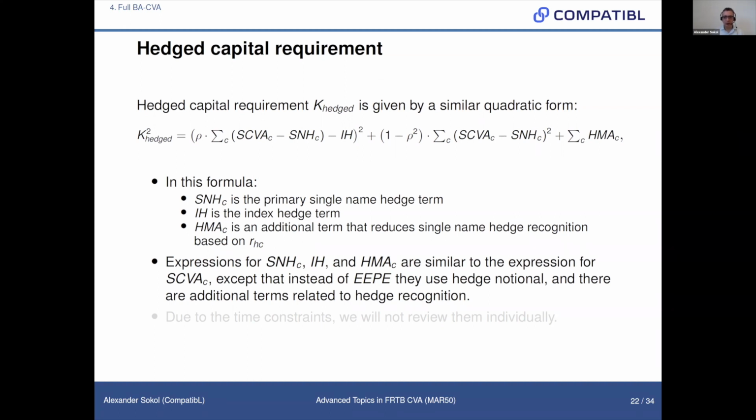So the formula here works in a way that basically these correlations, the RHC, which is in the formula for each of these terms, and the rho, which is here in this formula, work together to dilute the effectiveness of hedges according to how much they are connected to the counterparty, or how likely it is that if you experience credit loss in the future, for which CVA is the present value, you would also be able to reduce this loss by CDS.